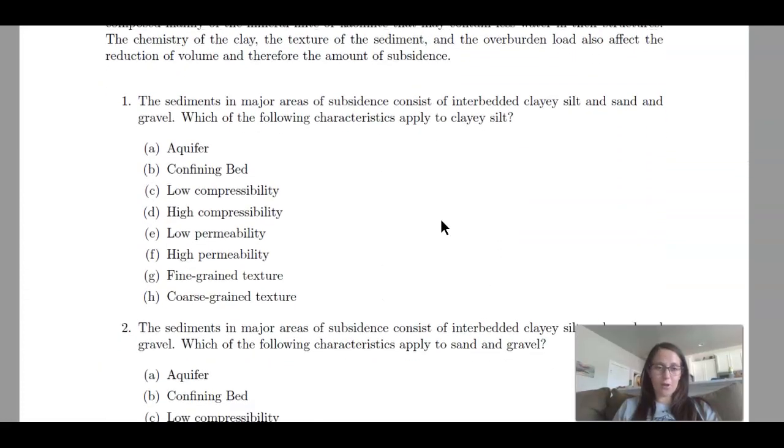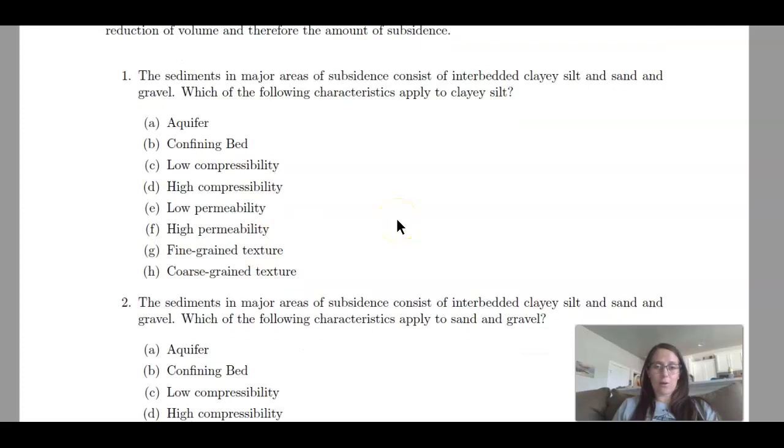So the first question asks, the sediments in major areas of subsidence consist of interbedded clay, silt, and sand and gravel. Which of the following characteristics apply to clay silt? Here you're going to choose many of these characteristics, so it can be 1, 2, 3, 4, 5, 6, 7, or 8 even, if you think that those characteristics apply.